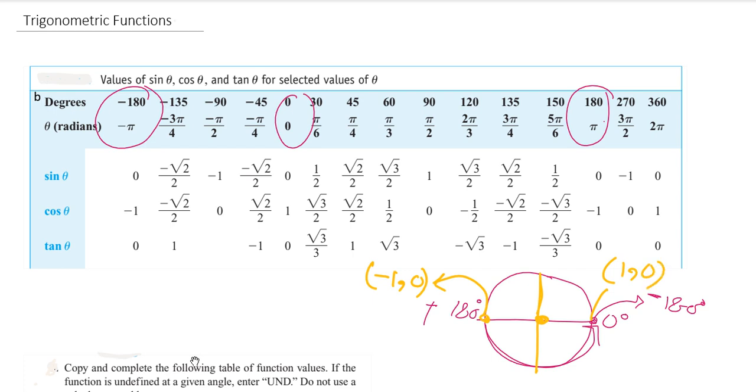So we can easily say that the value of cos 180 degree is negative 1 and cos 0 will be positive 1. What if we just write it over here like this? We know that cos 0 is equal to x over hypotenuse, that is the radius. And we know that x is 1 and the radius is also 1.